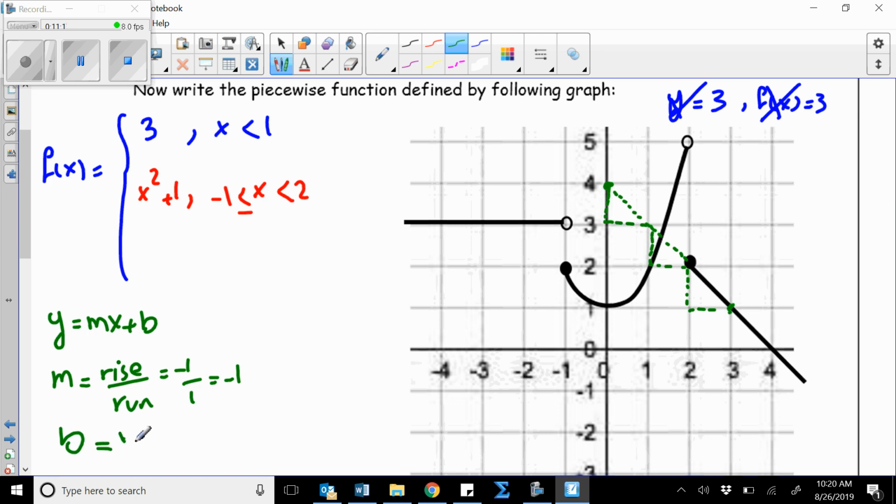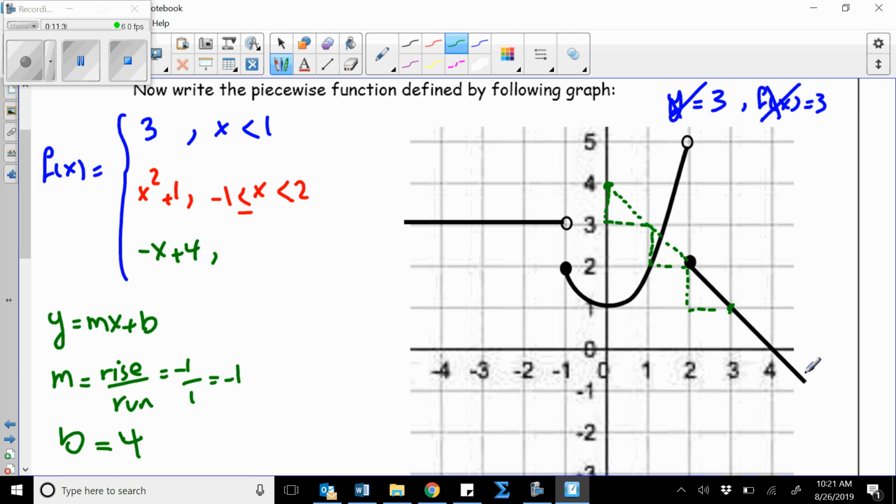So I'm going to write y equals -x, because that's my m, or slope, plus 4, which is the b value. So this is my function. Now the domain, what is my domain? It starts from 2 and it's continuing forever.